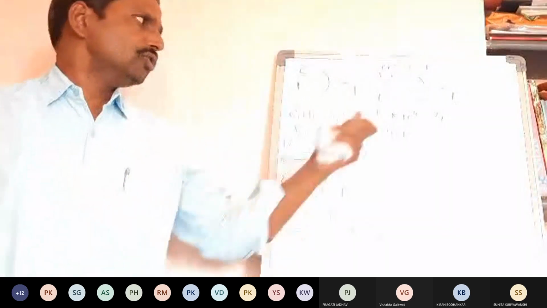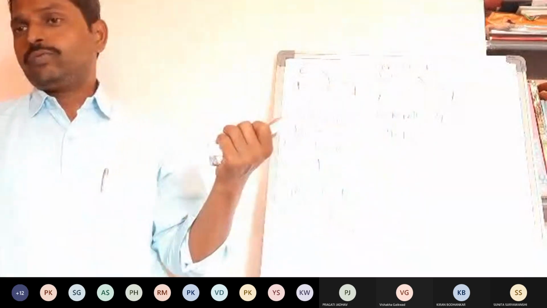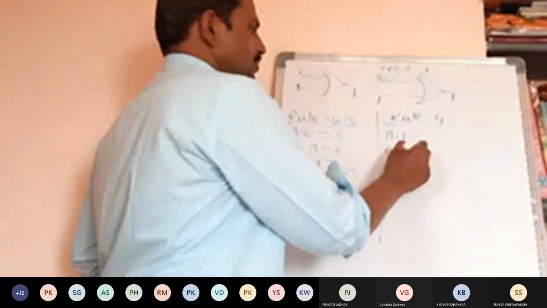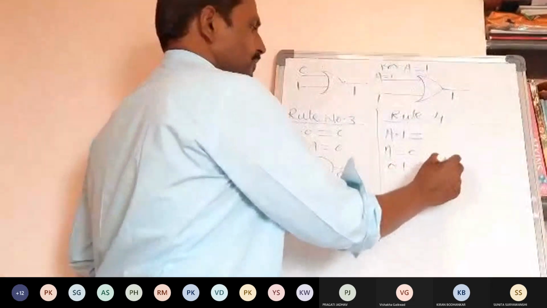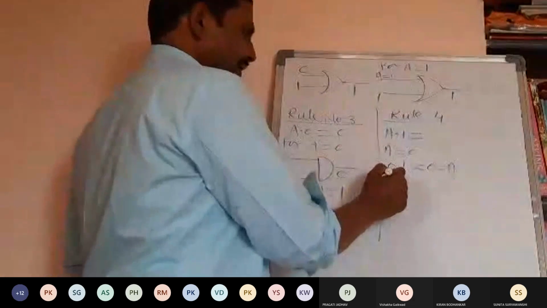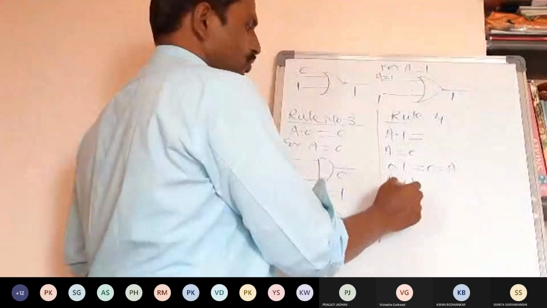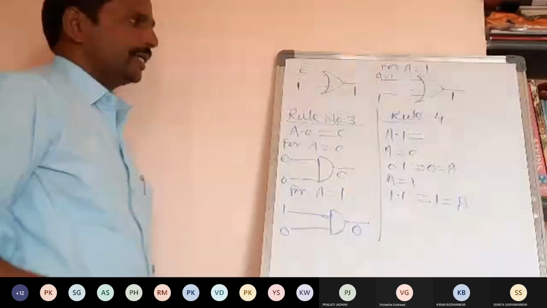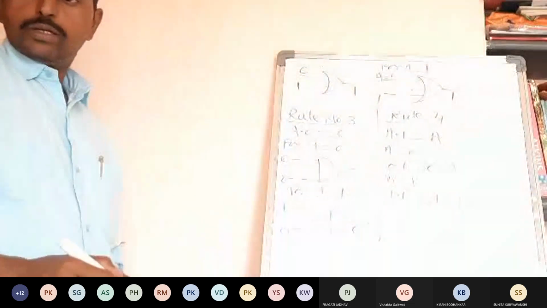If I put a is equal to 0, then 0 into 1 is 0. That is right. If I put a is equal to 0, then 0 into 1 is equal to 0. That means a. See again, if I put a is equal to 1, then 1 into 1 is equal to 1. This is again a. It means that a into 1 is equal to a. Remembered?